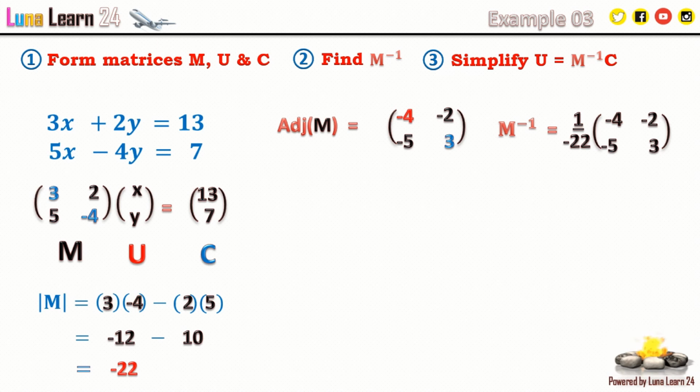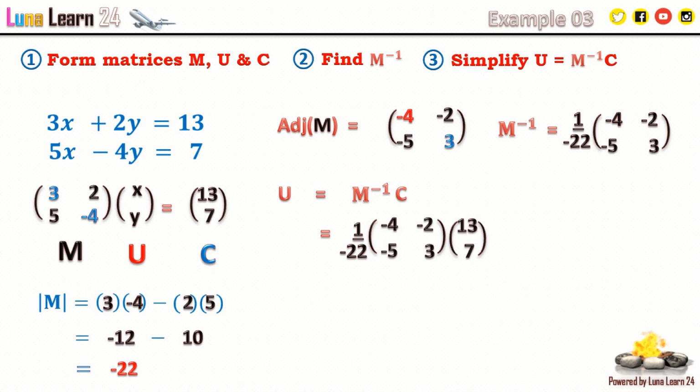And that brings us to the last step. For the last step, we are going to be simplifying the equation M inverse times C. So we have 1 over negative 22 into negative 4, negative 2, negative 5, 3 times C, which is 13, 7. Let's simplify the matrices first before the constant outside.